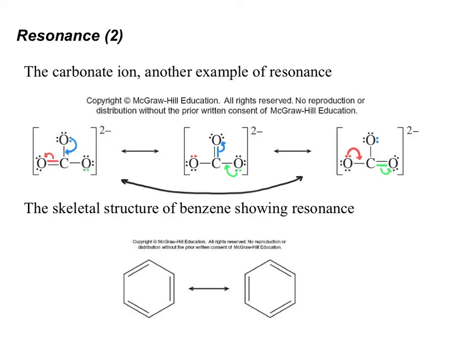So in other words, we can represent that double bond between carbon and oxygen between any of the oxygens, because in reality, all of these resonance structures exist at the same time, and therefore all of the carbon-oxygen bonds are somewhere in between a single and a double bond, but that would be difficult to depict. Whilst here at the bottom we have the skeletal structure of benzene showing resonance, and we can see that the double bonds can flow around between different carbons and swap places.